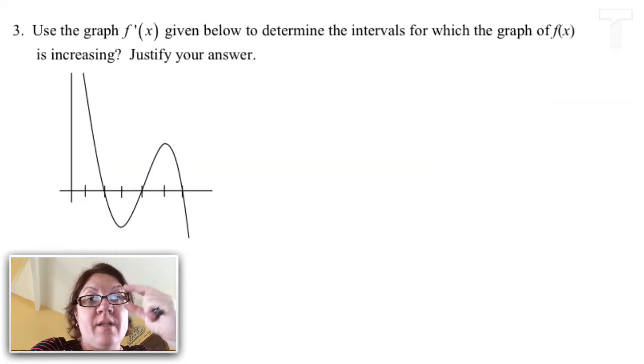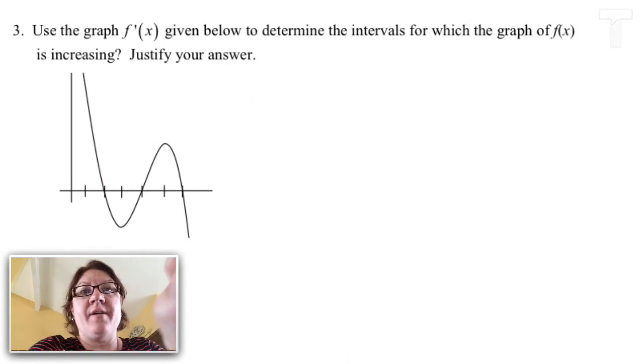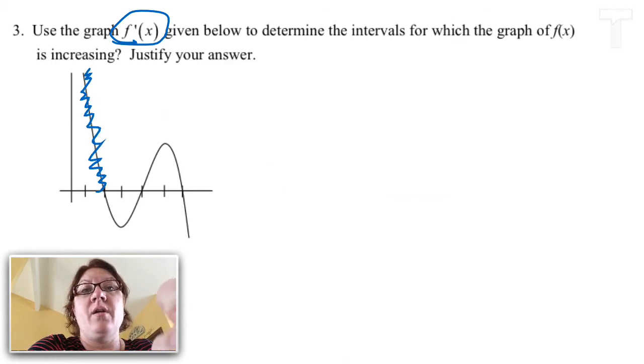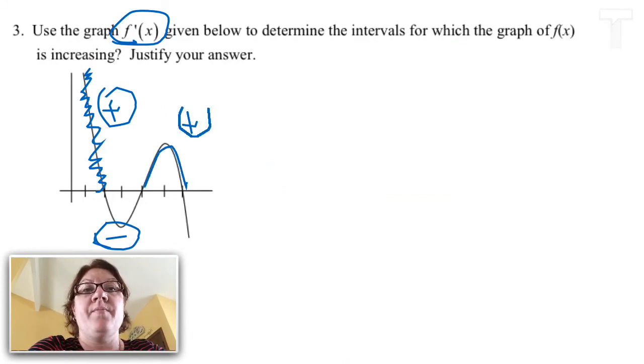And on this next one, since I'm looking at the graph of f prime, I'm looking at the graph of slopes, so I look at where it is with respect to the x-axis. So up here the slope is positive because it's above, then my slope is negative because it's below, then my slope is positive because it's above, and then negative because it's below.